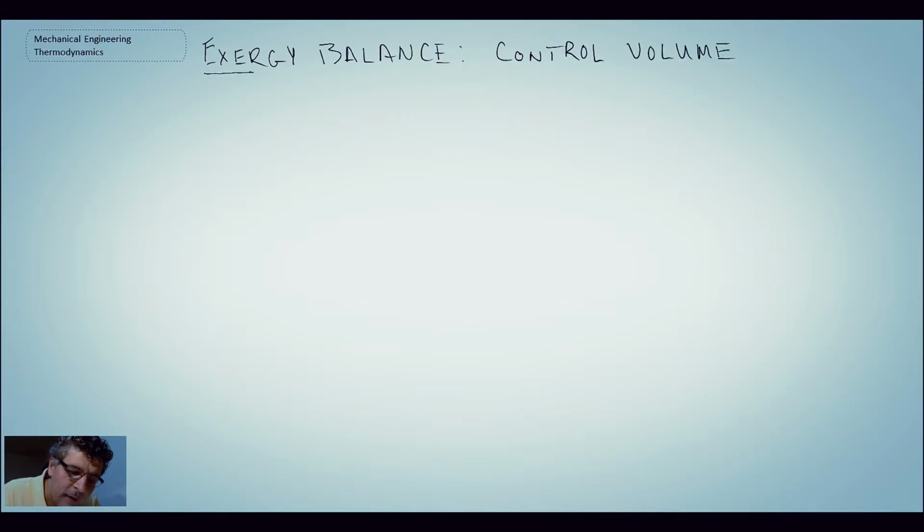I'm going to write out the equation in the most general form, and then we'll reduce terms by making a number of different assumptions. And so we'll have different forms of the exergy balance equation for an open system. In the most general form, it looks something like this.